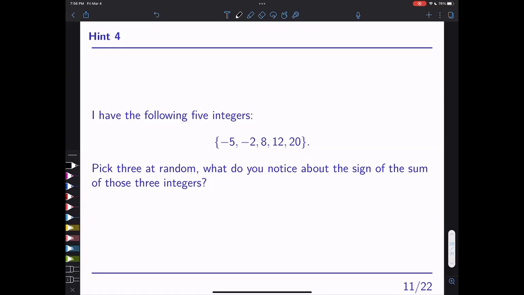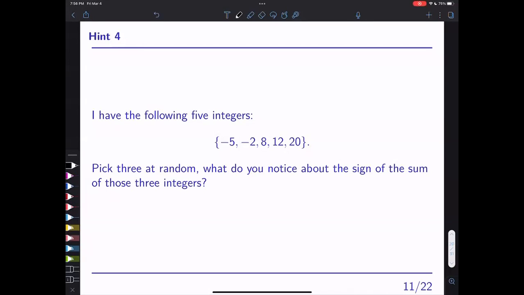Always positive. Awesome. Great job. Yeah. With this specific collection of integers, no matter what 3 I pick, if I add them together, I'm going to get a positive value. This isn't true for all collections, but special collections.